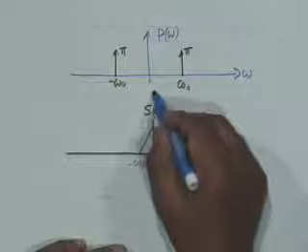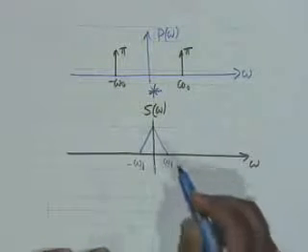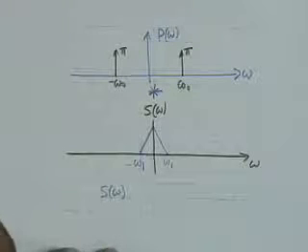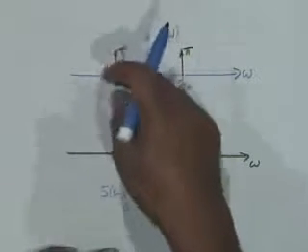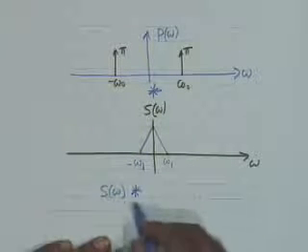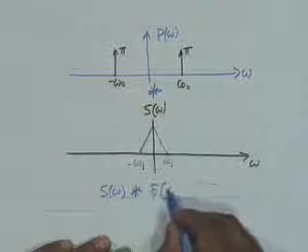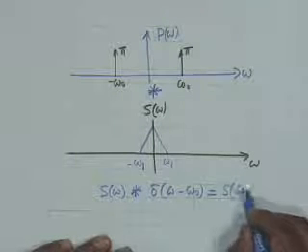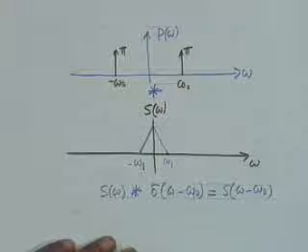Now if I convolve these two, forget about the multiplying constant, which is pi, we will ignore that. S of omega convolved with delta of omega minus omega naught is simply equal to S of omega minus omega naught.